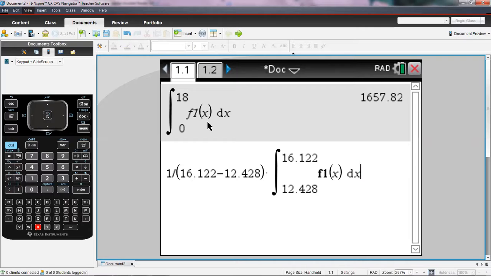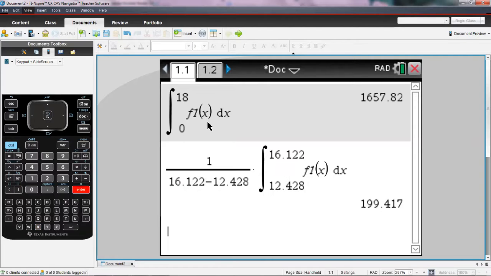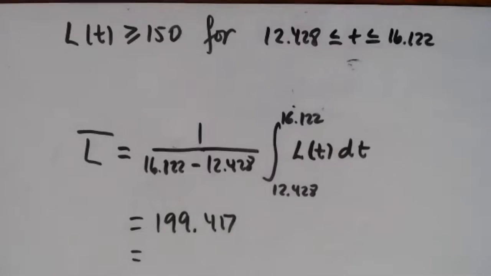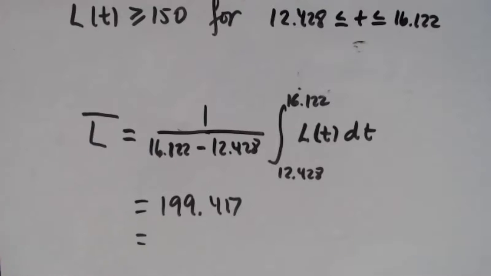Okay, so this is my average rate, and it's going to be 199.417. Okay, Rangel, do you round up or round down? You round down. What do you think, Arely?